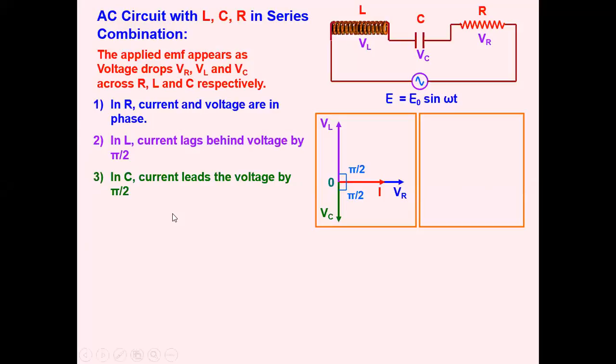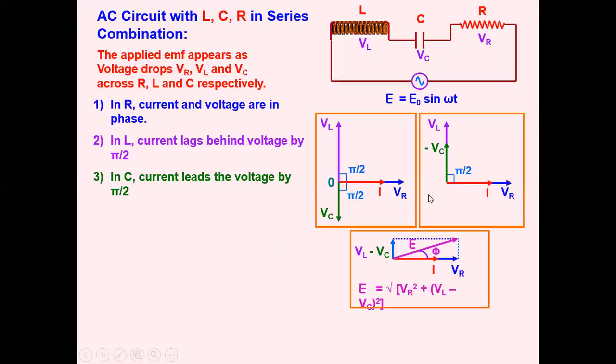You see this is the result here, because these two are directed opposite to one another, so their net difference will be VL minus VC. Now we can apply the concept of vector addition. If this is along the x-axis and this is along the y-axis, the resultant vector will be along this one.